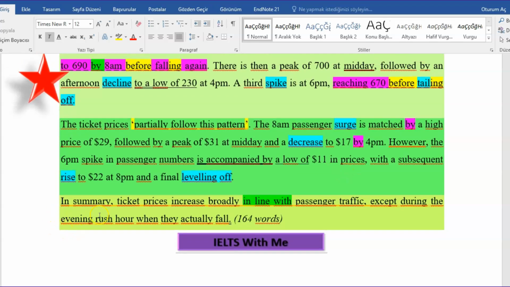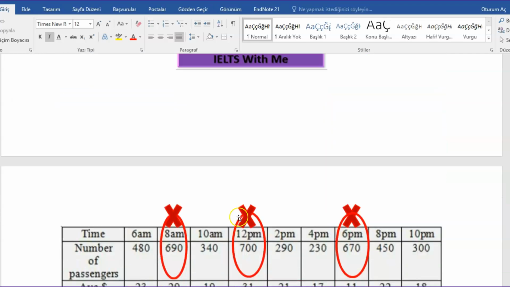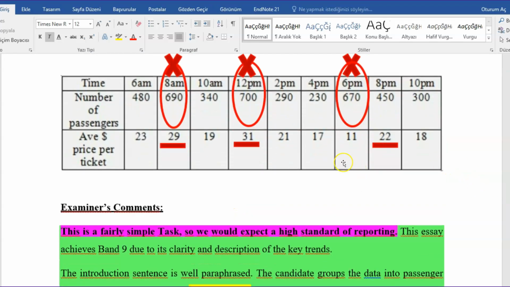And at the end, in summary, to recapitulate, to sum up, all in all, ticket prices increase broadly in alignment with passenger traffic, except during the evening rush hour, when they actually fall. This is our exception pattern.